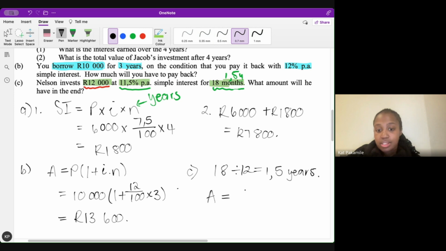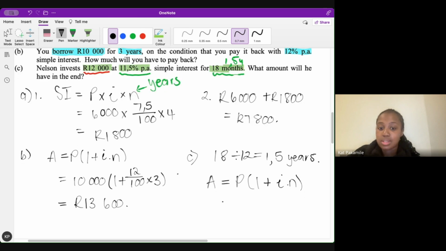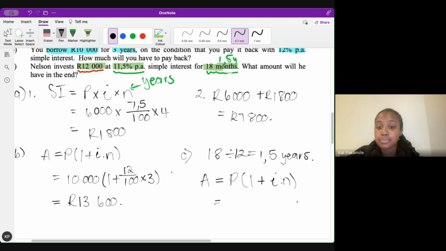Okay, so A is equal to, so you guys need to get into the habit of rewriting formulas like I am right now. Please, I know it's tedious for some of you, but just do it. Great. What is our principal amount for C? Our principal amount is 12,000. Thank you.